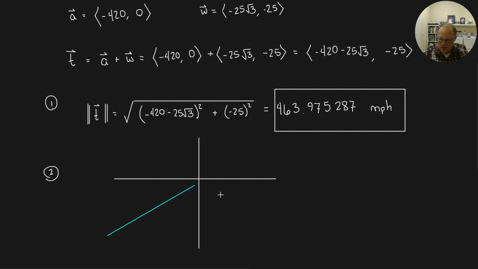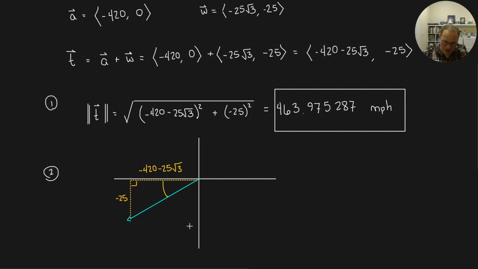Both the x and y components of this vector are negative, so I know I'm pointing in this direction somewhere. The x component is negative 420 minus 25 root 3. The y component is negative 25. And I really want to know this angle here.